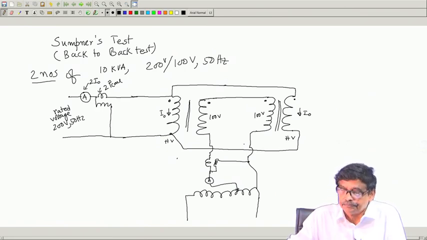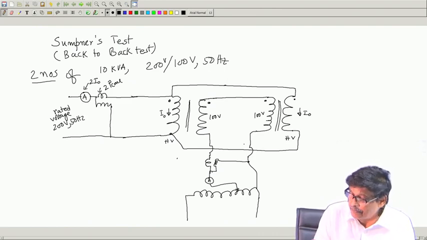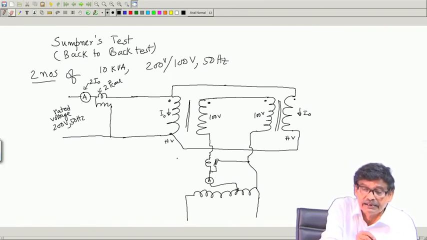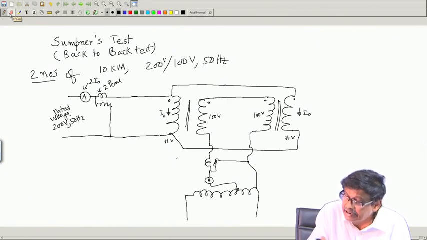Current will flow. So increase this voltage such that rated current flows.